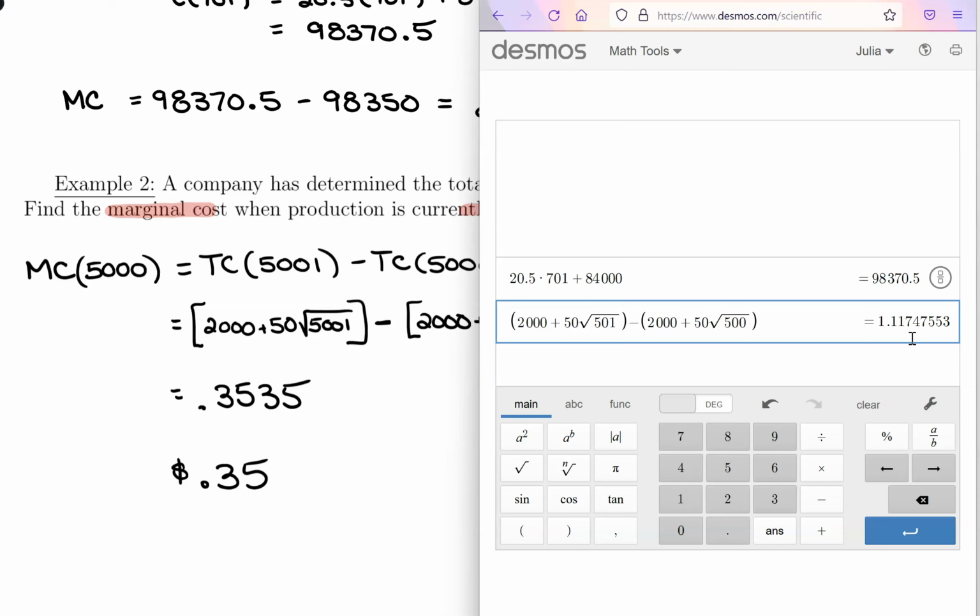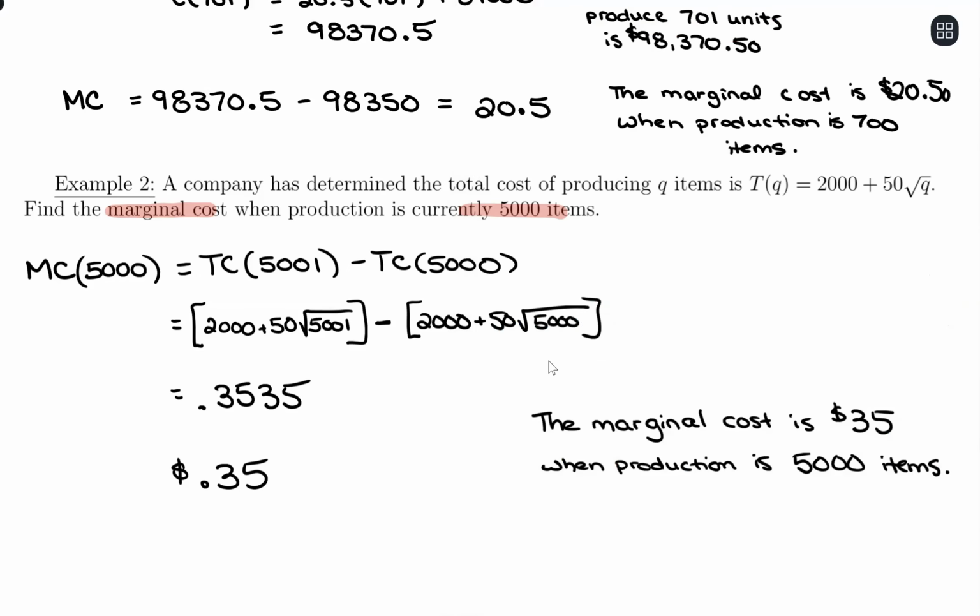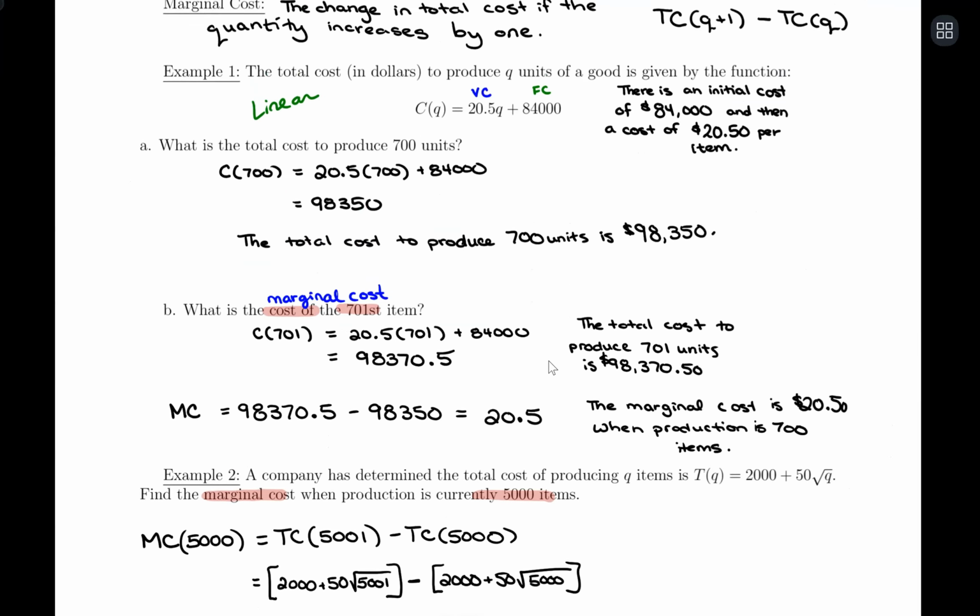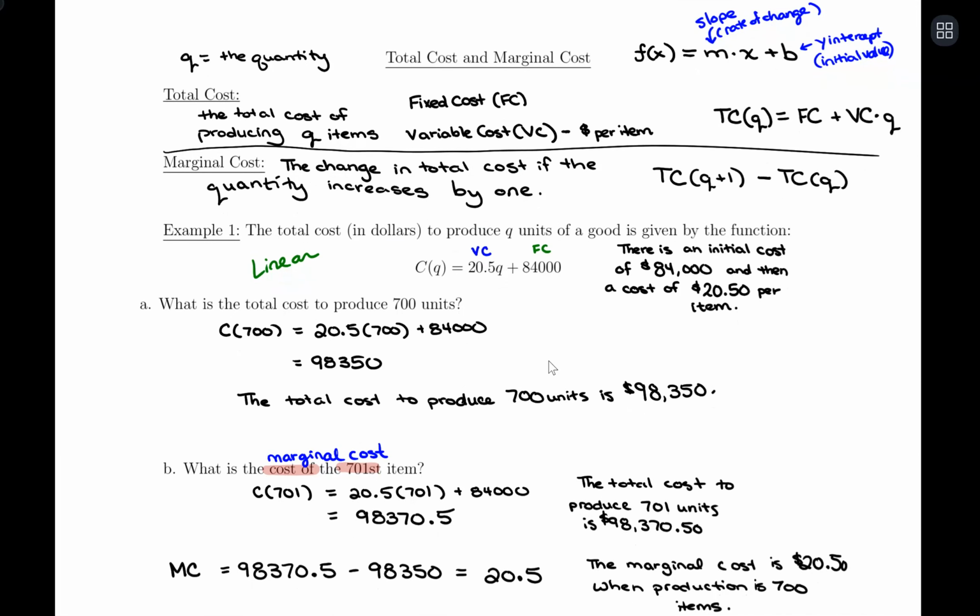Notice then the marginal cost is $1.12. So marginal cost is larger when production's low, but when you're producing a ton of items, to do just one more isn't as impactful.